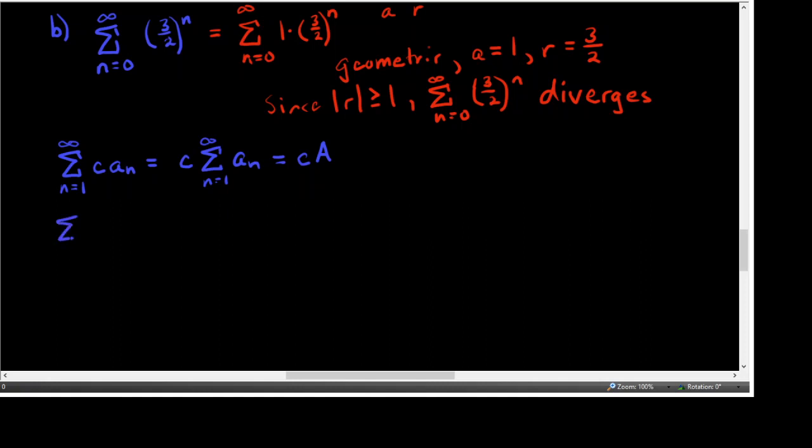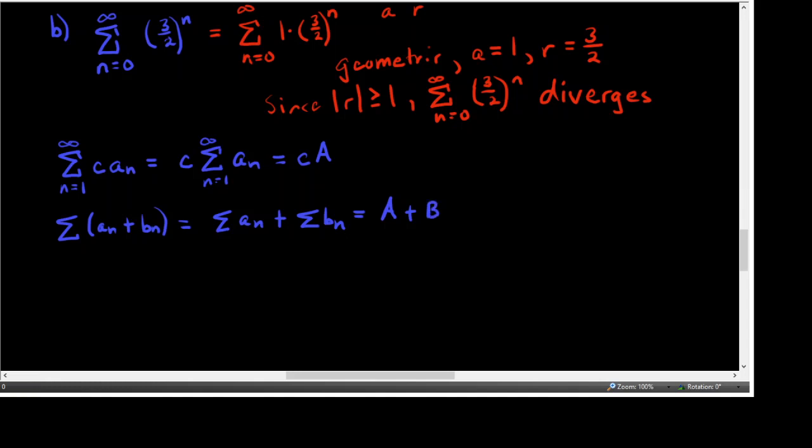The sigma of a sub n plus b sub n is sigma of a sub n plus sigma of b sub n. And up above, sigma of a sub n is defined to be a, and sigma of b sub n is defined to be b.